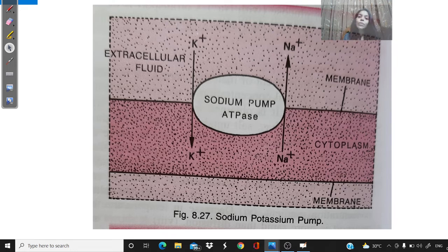Now, taking the help of this pump, certain metabolites like glucose take advantage of this phenomenon, because already ATP is being used, so it will get a source of energy. What will glucose do? Glucose from outside the cell will come inside.